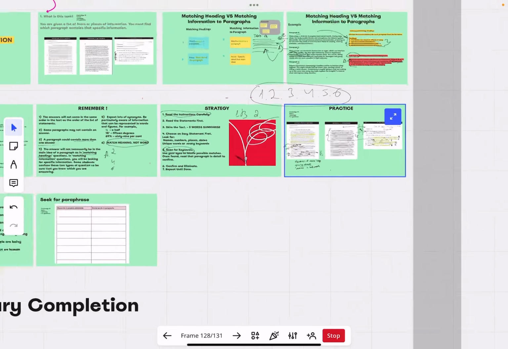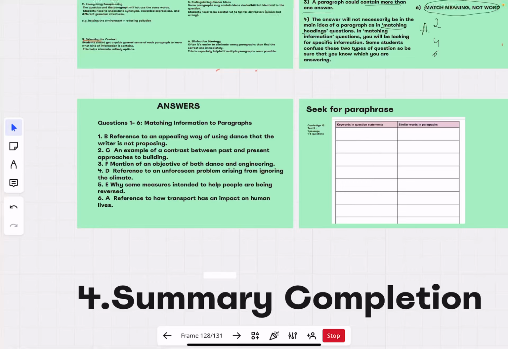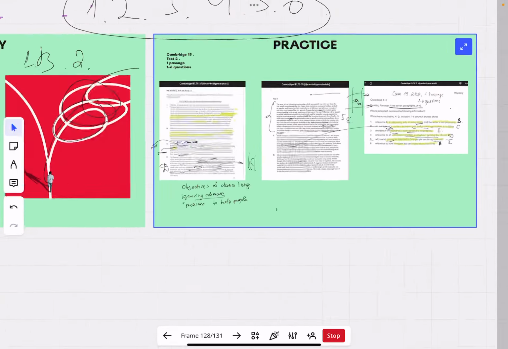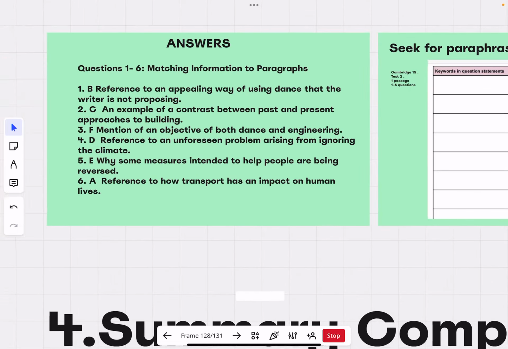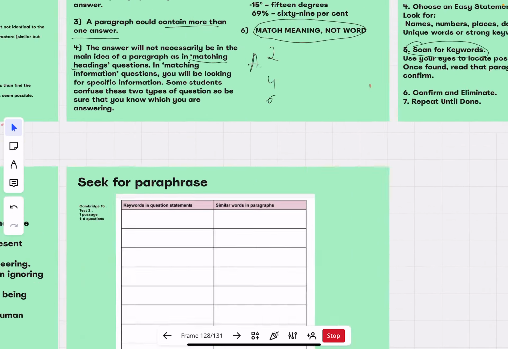It's the end of our lesson, and let's read. B. Reference and appealing ways of using dance that the writer is not proposing. First is B. Second one is C. The example of concept between past and present approaches. C, sure.